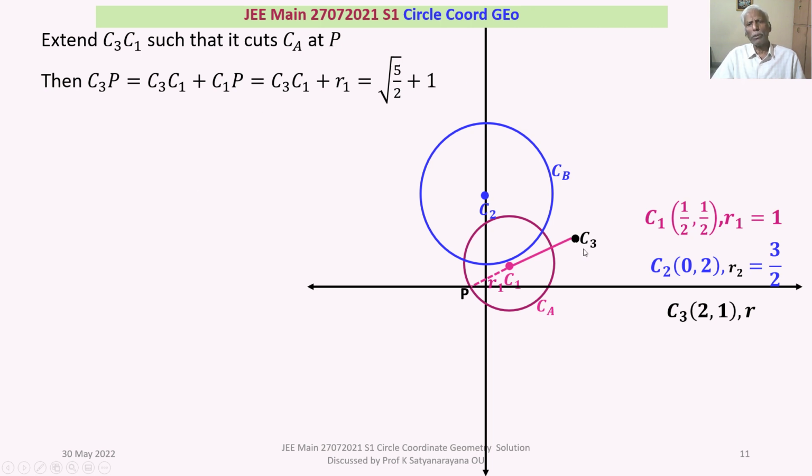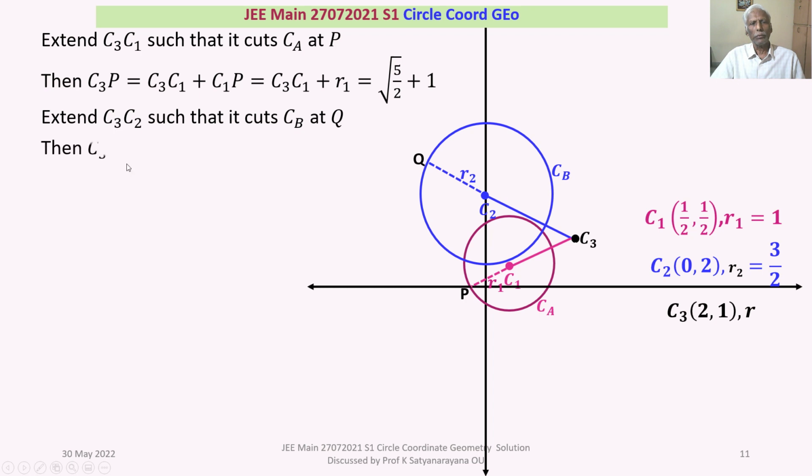Now join C3 and C2, and extend it so that it cuts the circle CB at Q. The distance C3Q is equal to C3C2 plus C2Q, that is C3C2 plus R2, and C3C2 is root 5, R2 is 3 by 2.